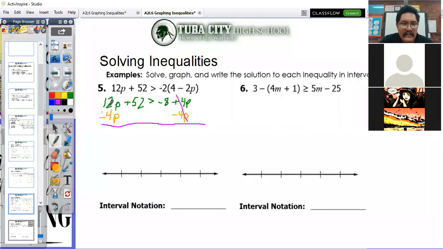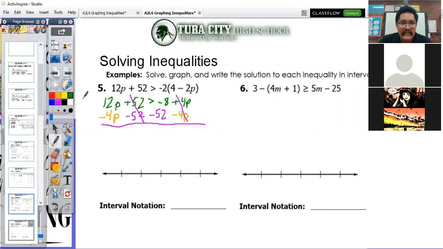So if I subtract 4, that's not enough to make it negative. But at the same time, I'm also going to get rid of this 52. Like I said, it's kind of like a trade where one side wants the variable and the other side wants the regular numbers. Well, actually, no matter what, your variable should always end up on the left side.